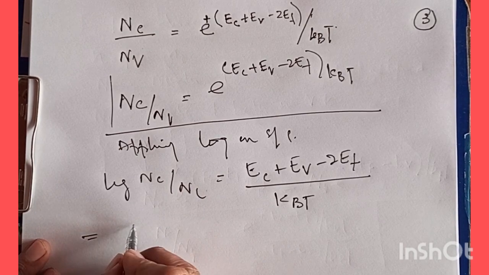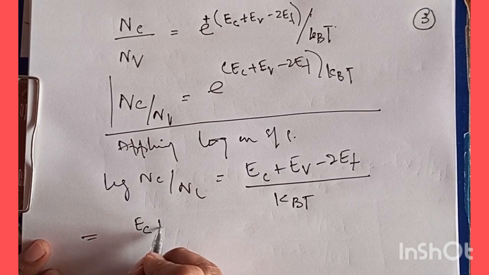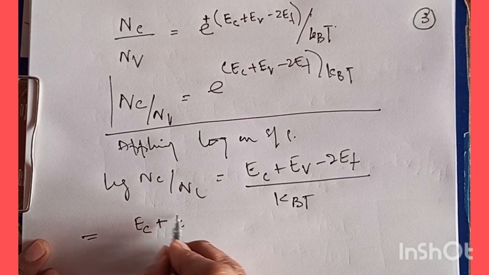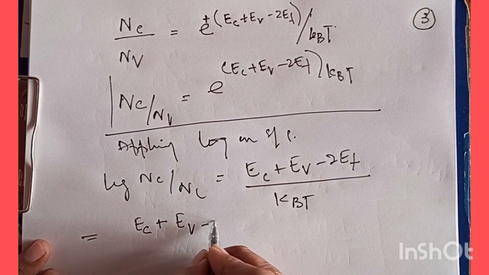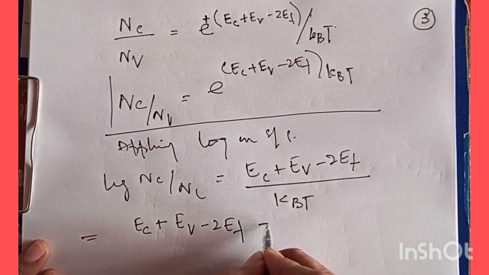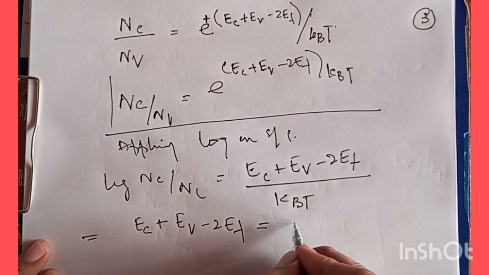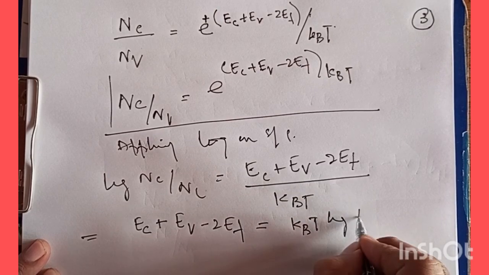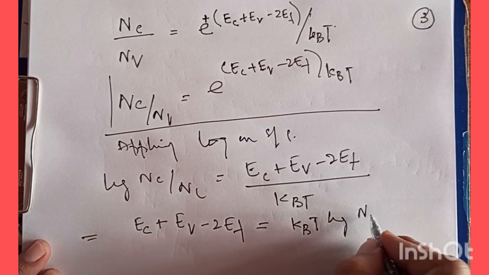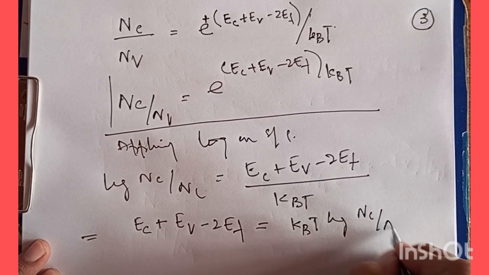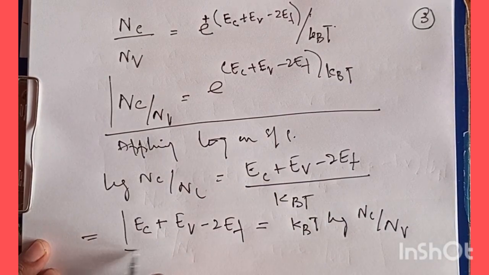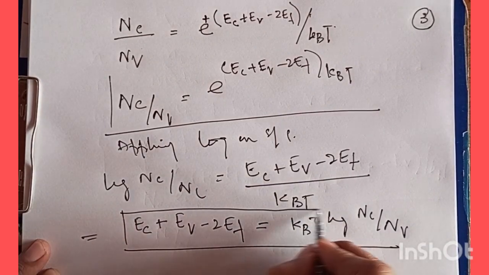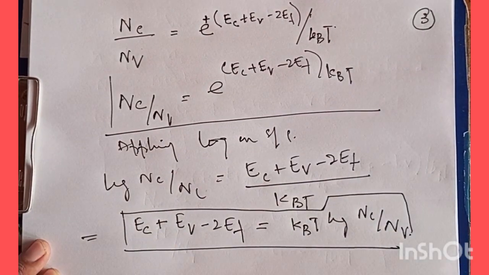E_C plus E_V minus twice E_F will be, this k_B T will go up, k_B T log of N_C by N_V. This should be the outcome.